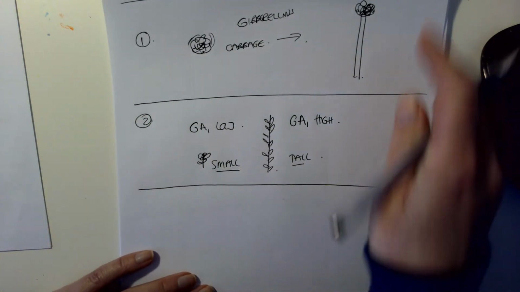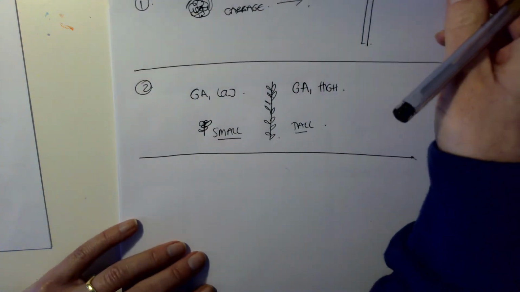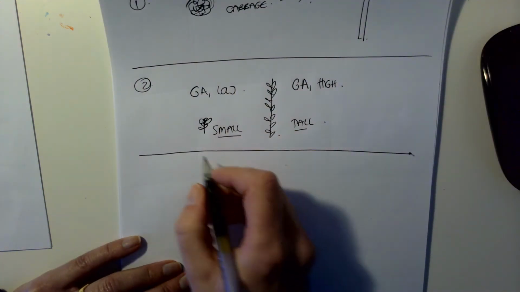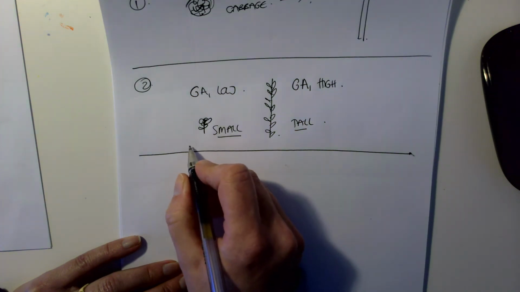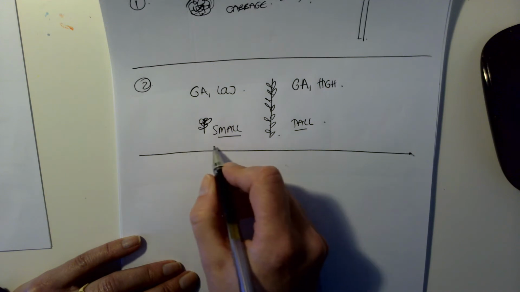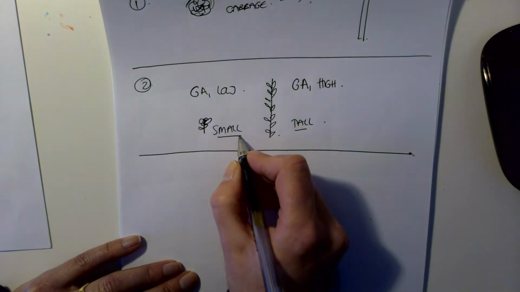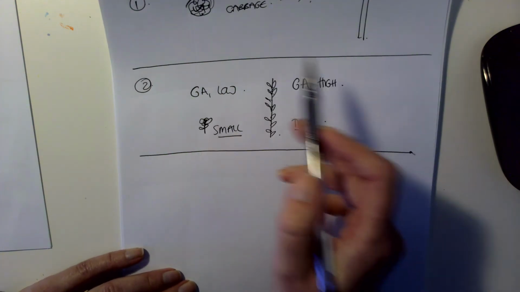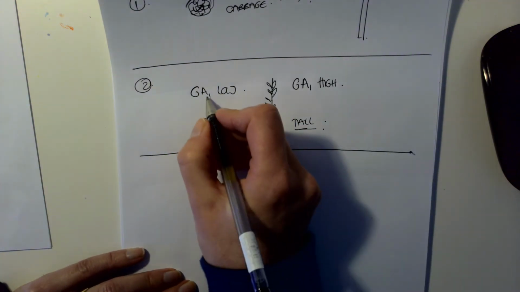And when they started to analyse this, they realised that there was a mutation in the small plant that stopped a conversion of gibberellic acids along the pathways that occur.